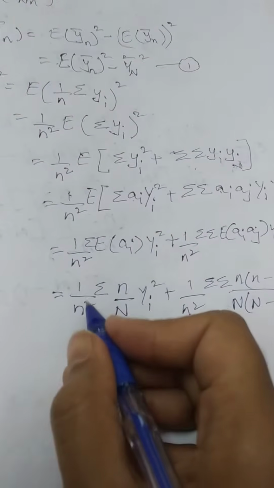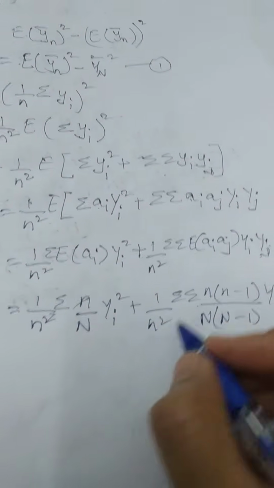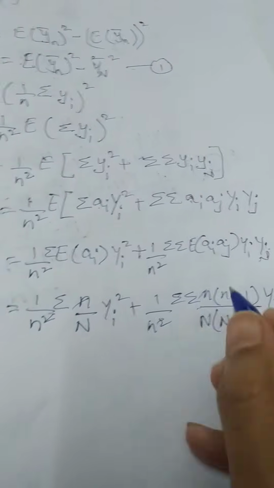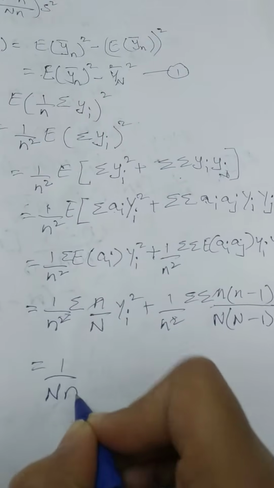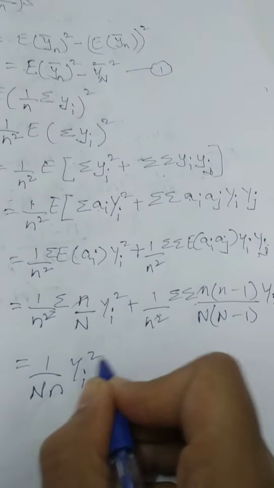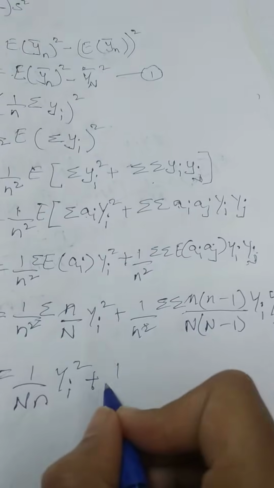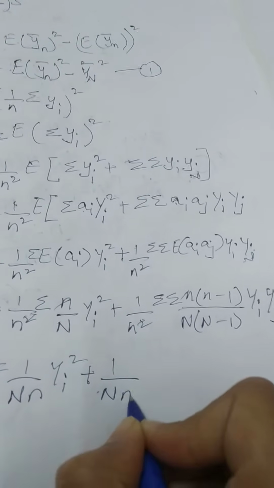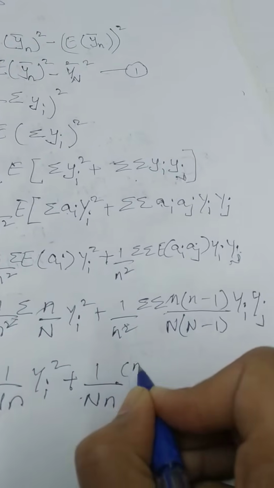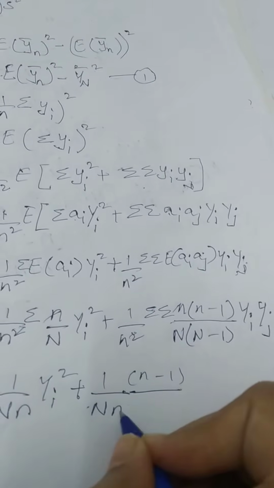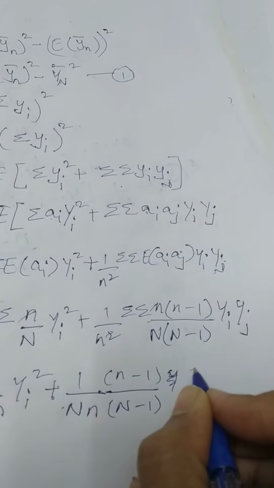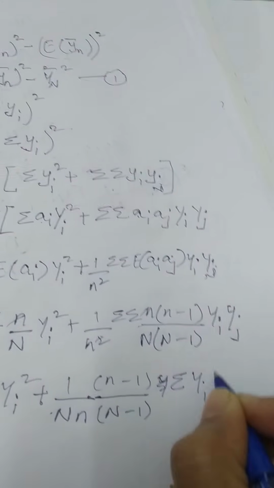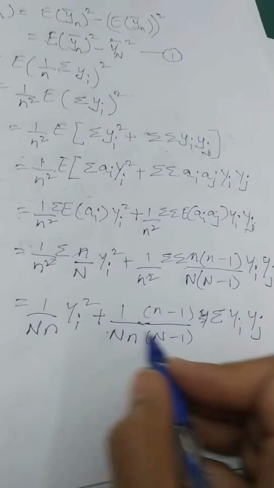Then you can cancel this one with this and this one with this. So you get 1 by capital N small n of Yi square plus 1 by capital N small n and this n minus 1 by capital N minus 1 summation of Yi Yj. You understood till here, I am sure. Now just remember this one.